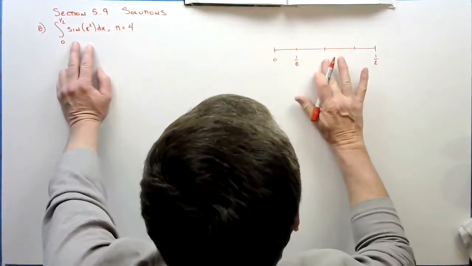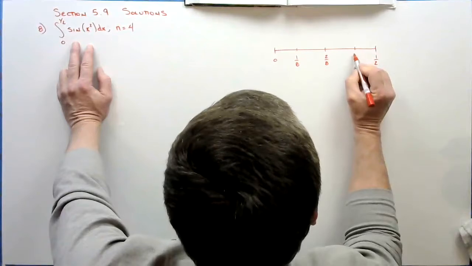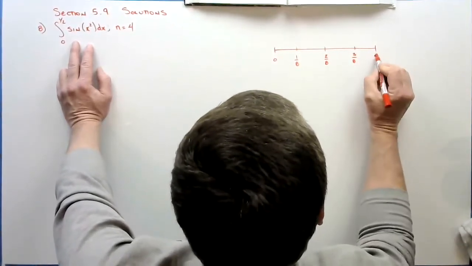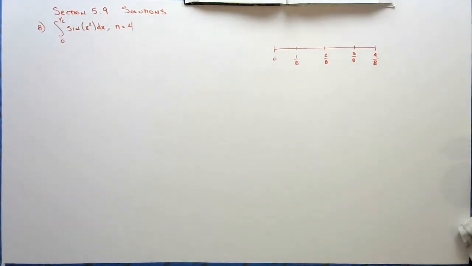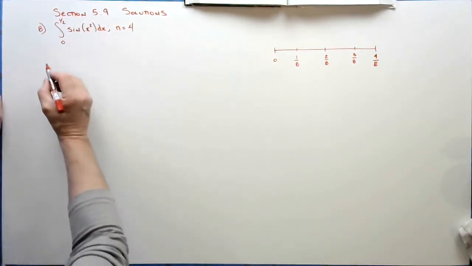I'm going to rewrite this as 2/8, this as 3/8, and finally this as 4/8. Since I'm going to be using a calculator to solve this anyway, this will let me write things down and observe any kind of patterns that exist between my values and hopefully simplify my computations. Now, it may or may not simplify them at all. Part A says use the trapezoid rule.